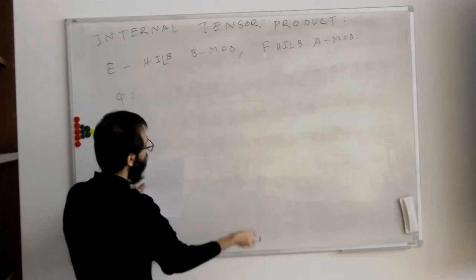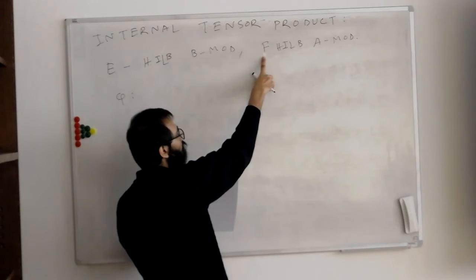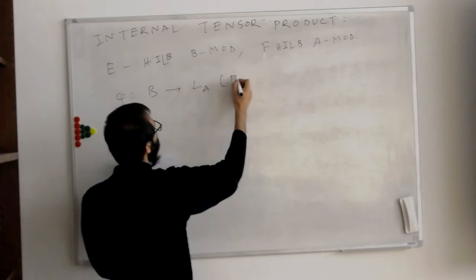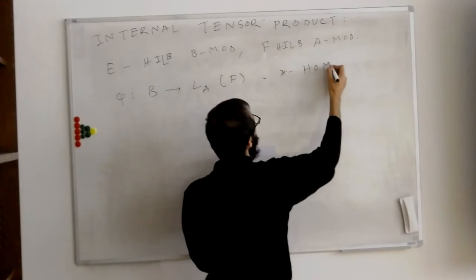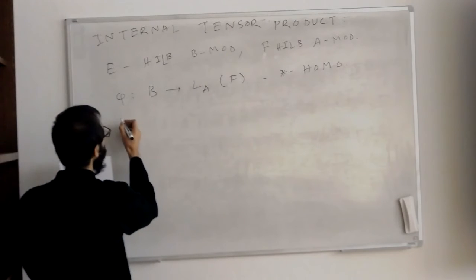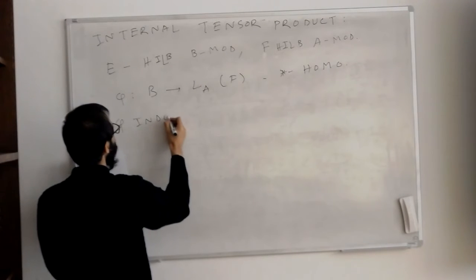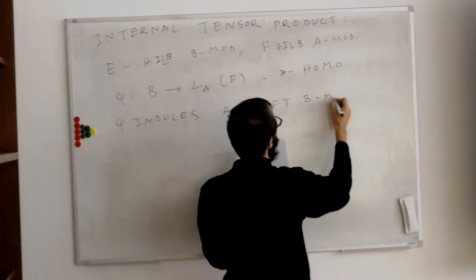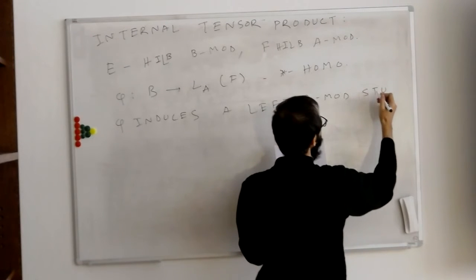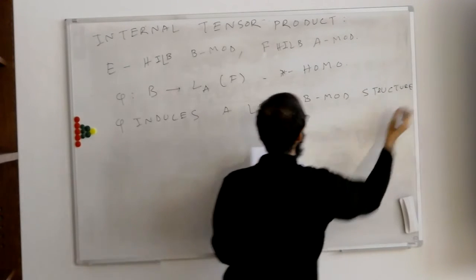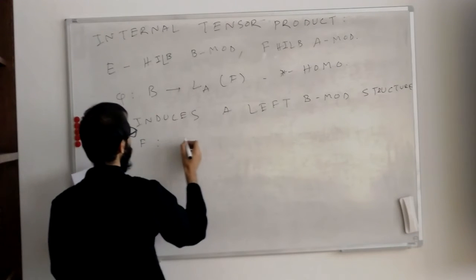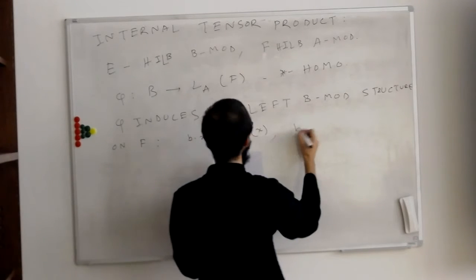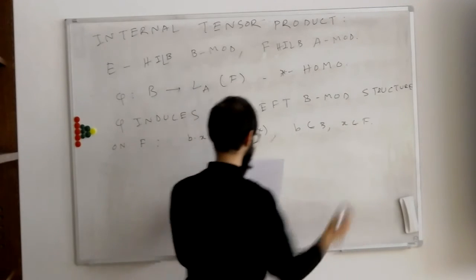To make sense of even the algebraic tensor product, I would need a left B module structure on F, and this is defined by a star homomorphism phi from B to the adjointables on F. So phi induces a left B module structure on F. The action of b on x should be phi(b) applied to x, where b is in B and x is in F.